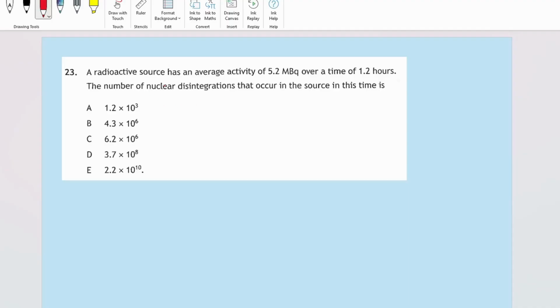Question 23 says a radioactive source has an average activity of 5.2 megabecquerels over a time of 1.2 hours. The number of nuclear disintegrations that occur in the source in this time is. So we use the formula A equals N over T, where N is the number of disintegrations, so that's 5.2 times 10 to the 6 disintegrations.